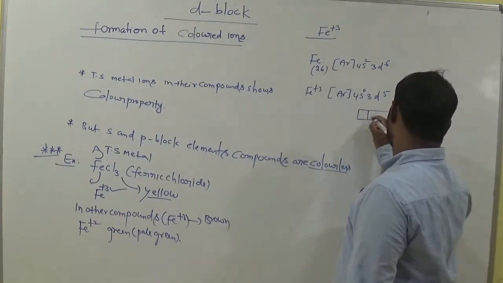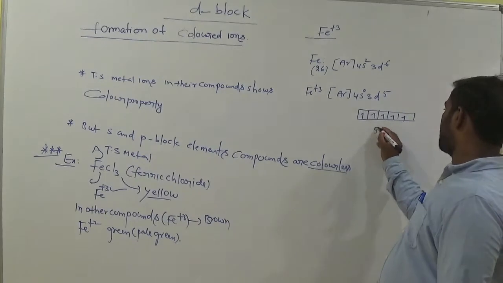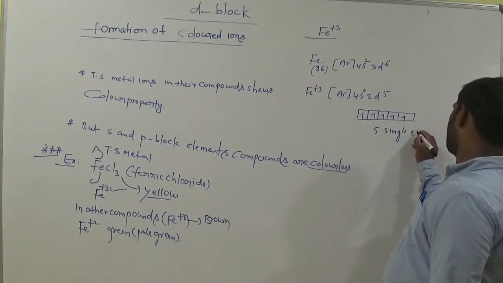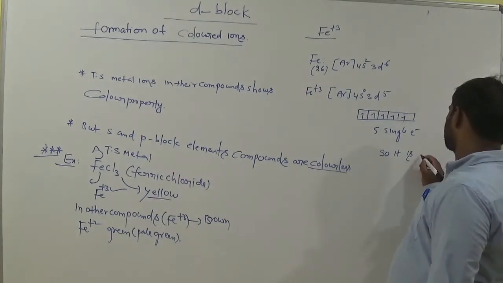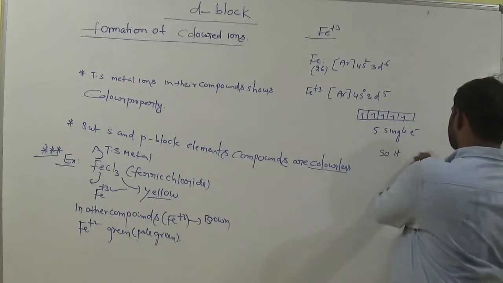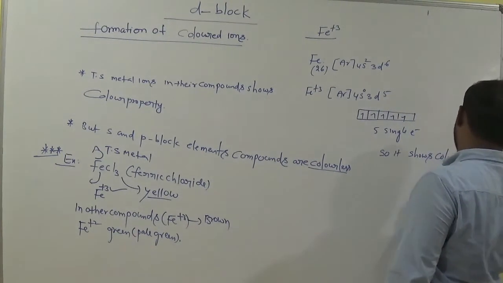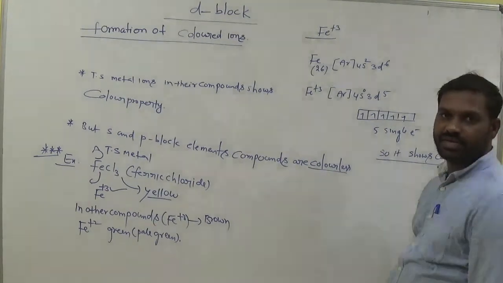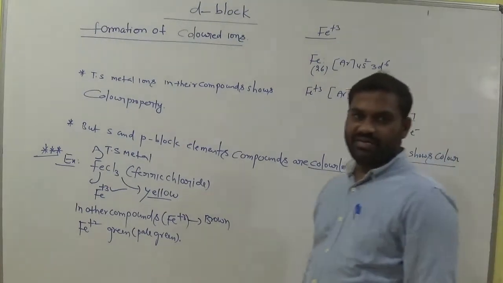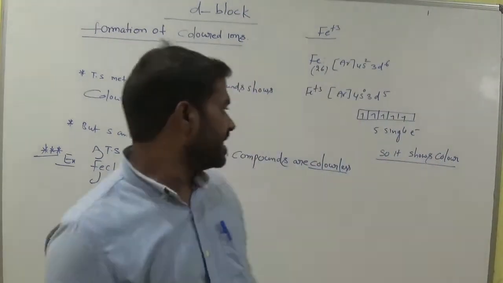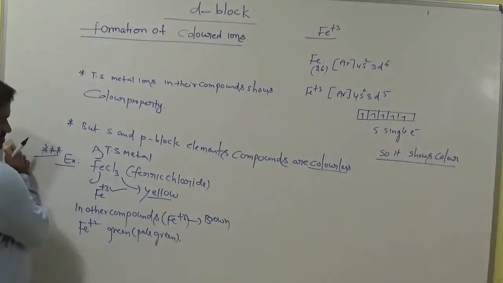Clearly 5 electrons, so here there are 5 single electrons. So it shows color. Clear? At least one single electron present in d block and transition elements exhibits color.